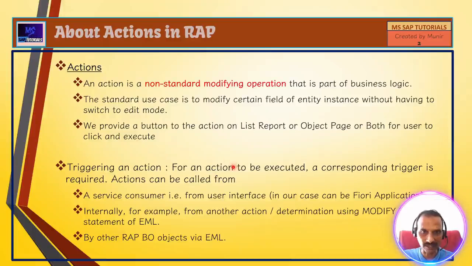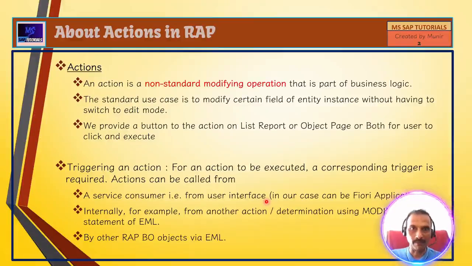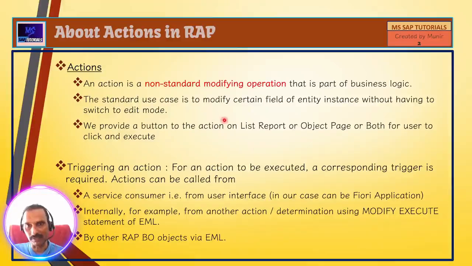Now, how are the actions triggered? The actions are triggered in three ways. One, when a service consumer, that is from the interface, the user clicks on the button, and that button will then be calling our action.